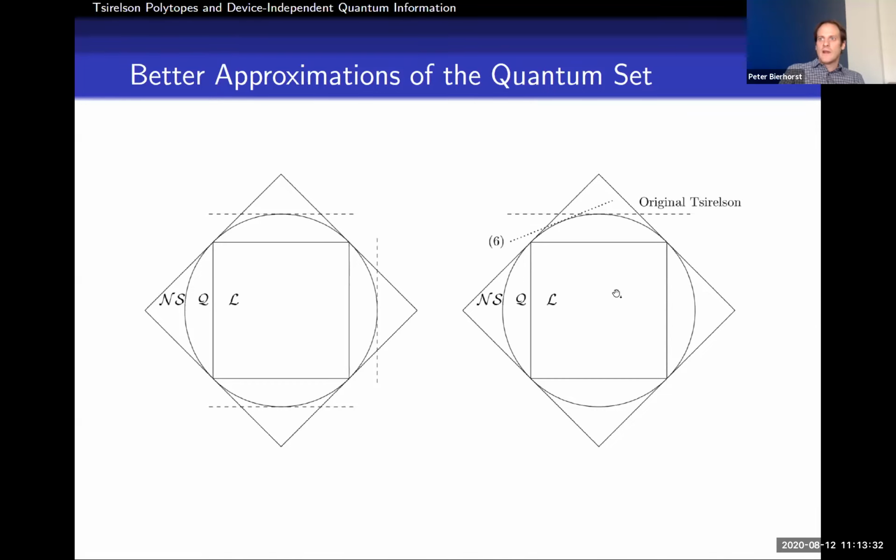Then our next idea was to incorporate the Tsirelson bound, and optimize these functions under the constraint that they have to be valid for the extreme points of this Tsirelson polytope, where we check at all these values. Then we get an even better approximation by incorporating these other Tsirelson bounds.